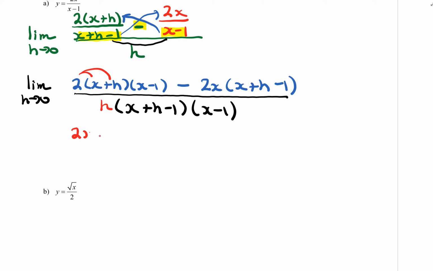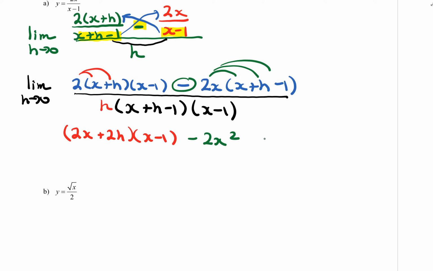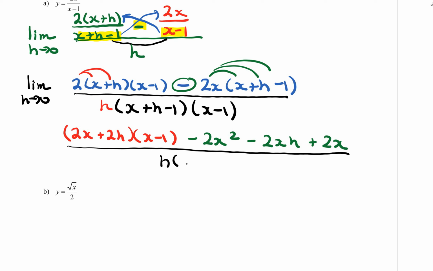That's going to be 2x plus 2h onto x minus 1, and then if I distribute this with the minus sign, that'll be negative 2x squared minus 2xh plus 2x, all over h times x plus h minus 1 times x minus 1. And since these are all algebra steps, write the limit as h goes to 0. Okay. We have to do one more FOIL step here.